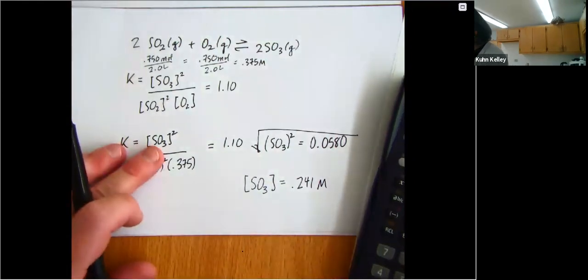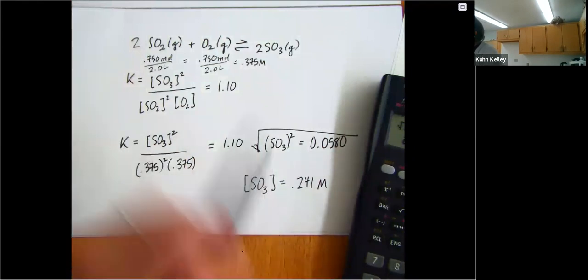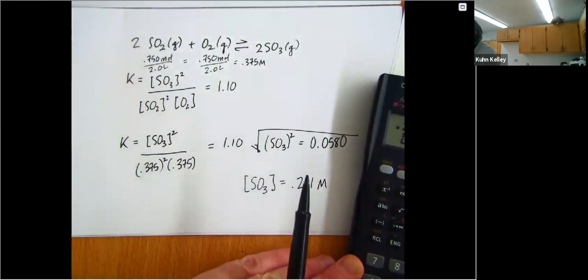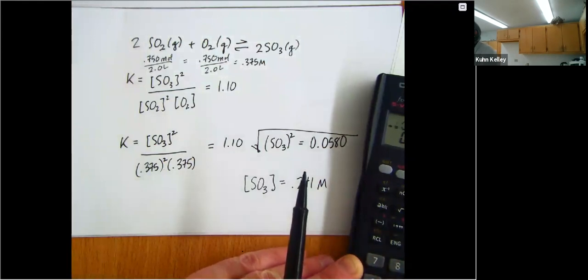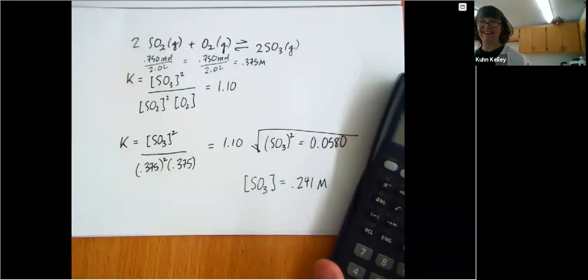So I'm going to take this number squared divided by these and see if I get 1.1. So 0.241 times 0.241 divided by 0.375 cubed, and I get 1.10. Bam, got it.